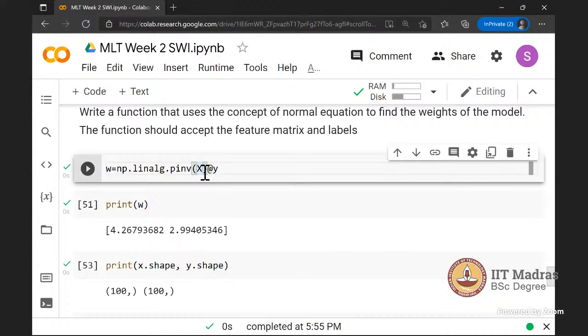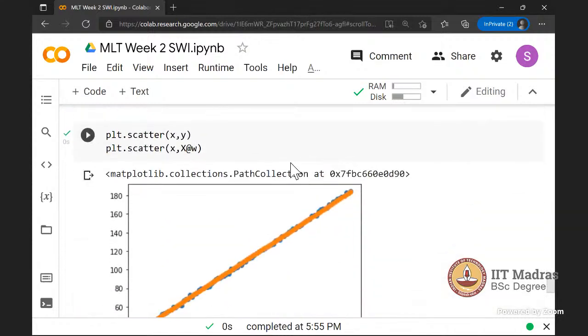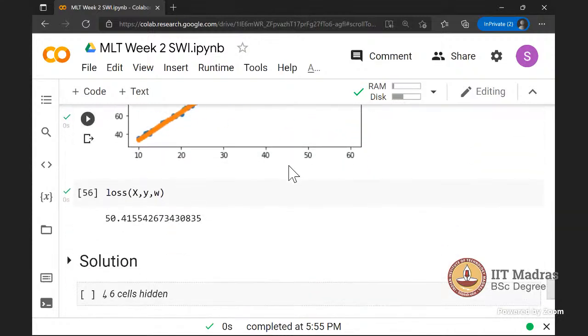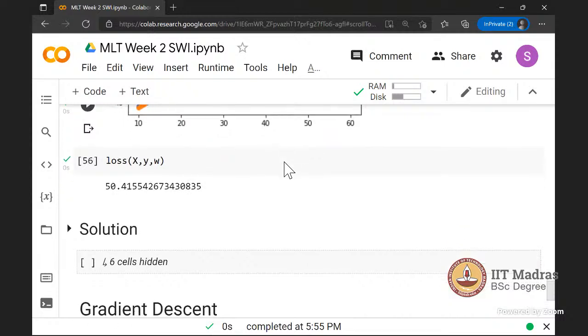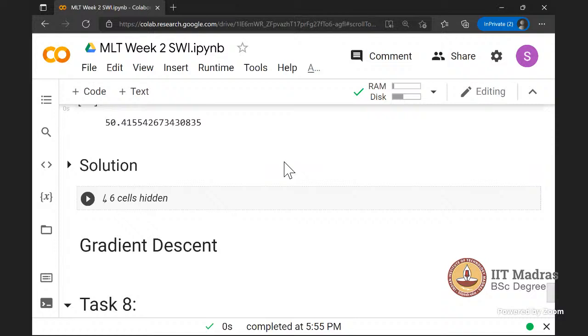So for large data sets, it's not possible to go with the normal equation method. Therefore, we need an iterative algorithm which takes our weight vector closer to the actual minimum of the loss function step by step.